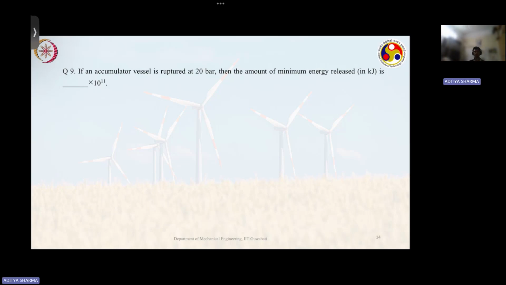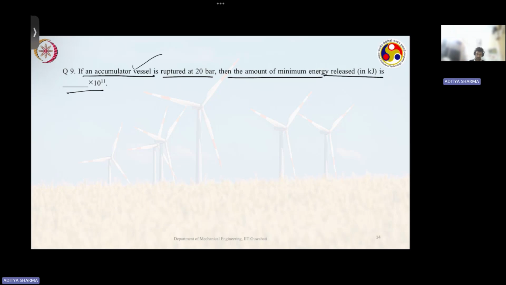So question number 9, it says that if an accumulator vessel is ruptured at 20 bar, then the amount of minimum energy released is.